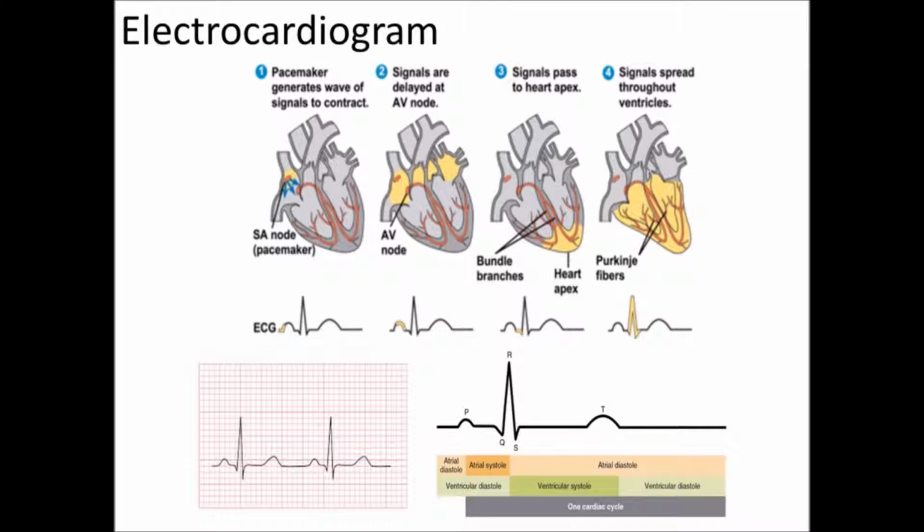We can see that this is a much greater height, so therefore represents greater electrical activity and a greater amount of myocardium contraction. After the QRS complex is the T wave, and the T wave represents ventricular relaxation and repolarization.